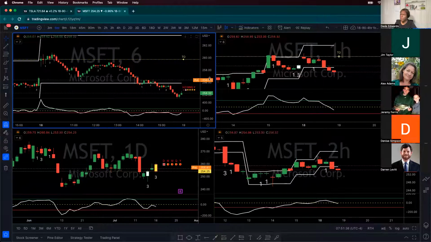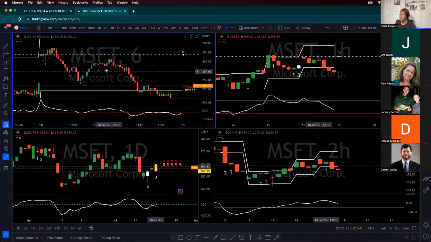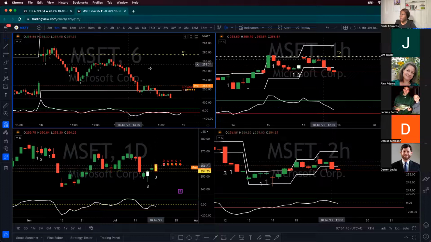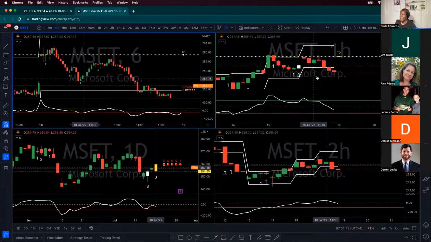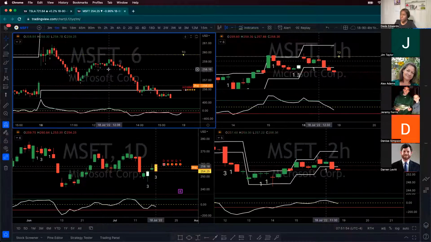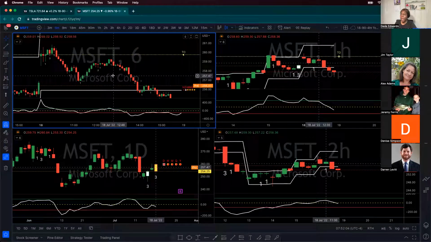So if you were to have taken this trade, CCI crossing above plus 100, you may think, yes, I'm going to take this. CCI on the 60 minute is flatlined. But if you say, yes, I'm going to take this trade, right here CCI crosses above 100 on a 6 minute. On that next candle, it comes right back down. You're out of this trade.